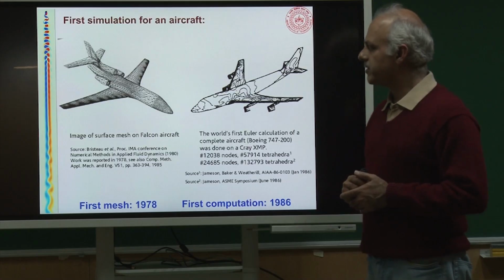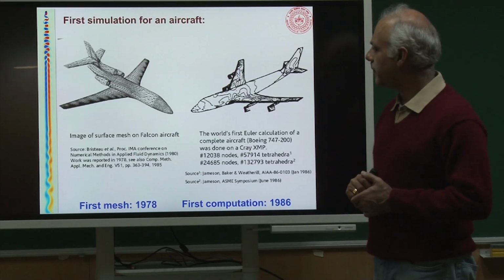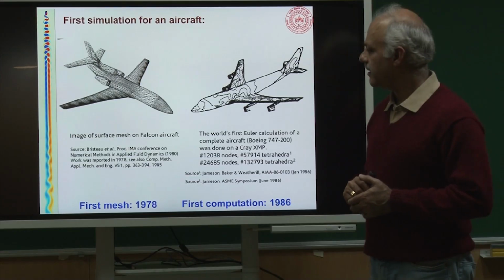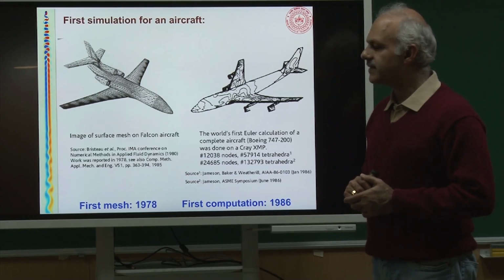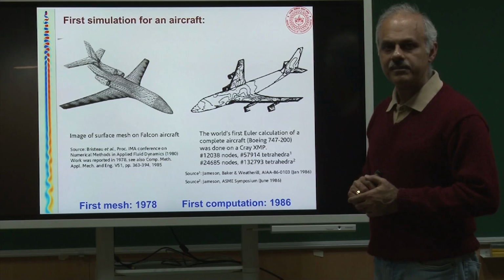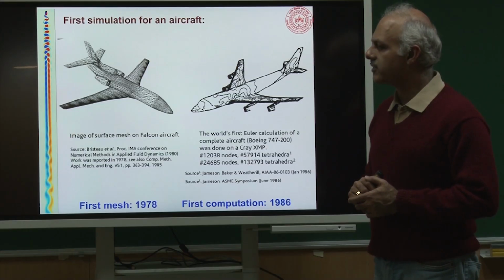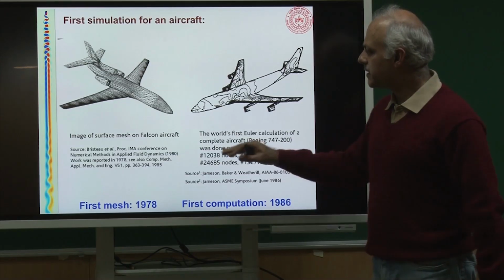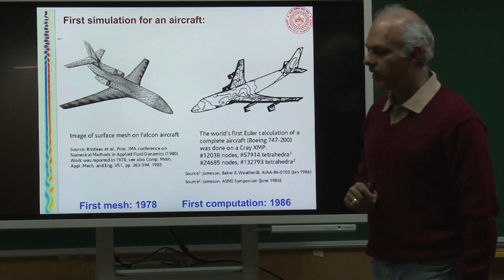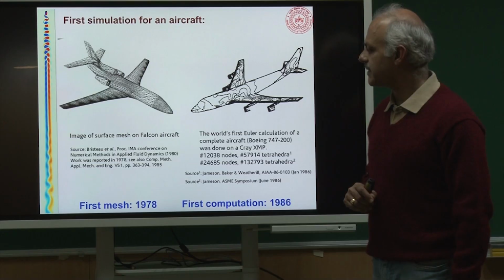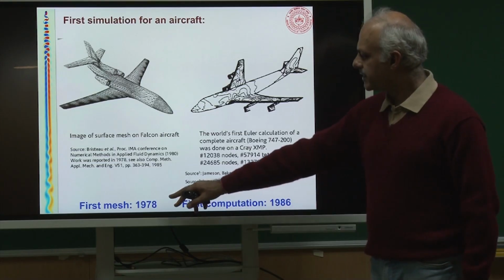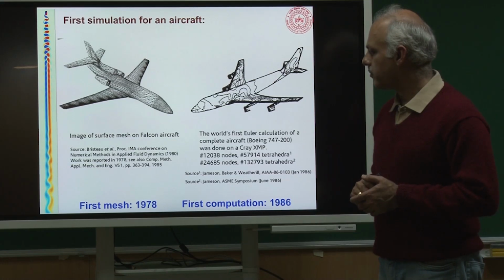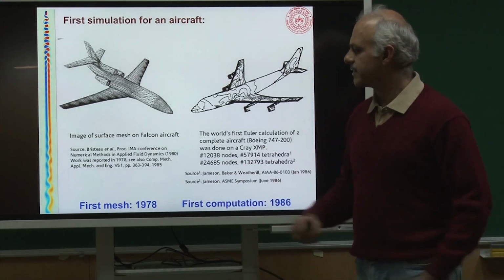Okay, just changing gears a little bit, let's ask ourselves, how long does it take to generate a mesh on an aircraft and then do a calculation on it? I specifically chose this slide to make you realize that the first mesh that was reported, to my knowledge, was in 1978.